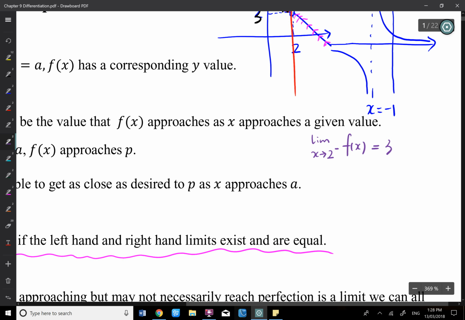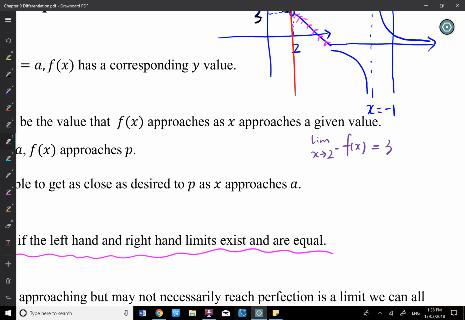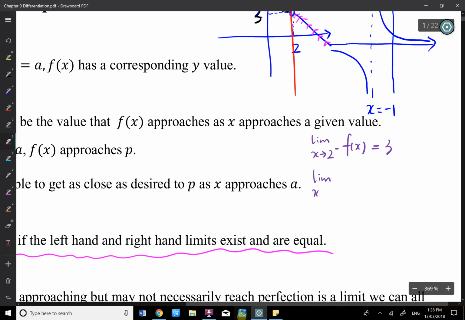That point can be 3.001, 3.0001, 3.000001, so it's approaching 3. And the limit as x approaches 2 from the positive side of f(x) equals 3 as well.